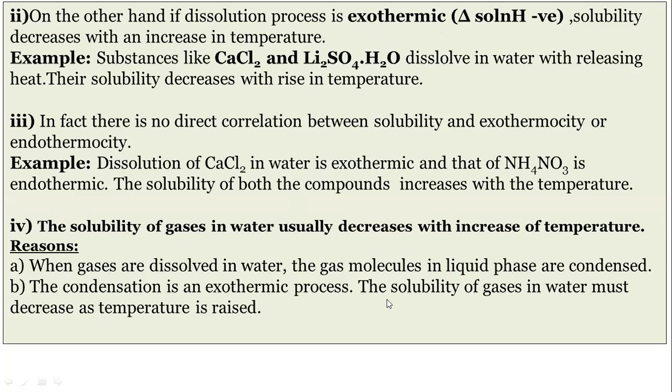So we can observe this example in case of summer. In case of summer season, the aquatic fish prefers to stay at the lower side of the pond or lower side of the water, because in case of summer season, what is happening actually is that, due to the more temperature, the dissolved oxygen on the surface is already evolved.